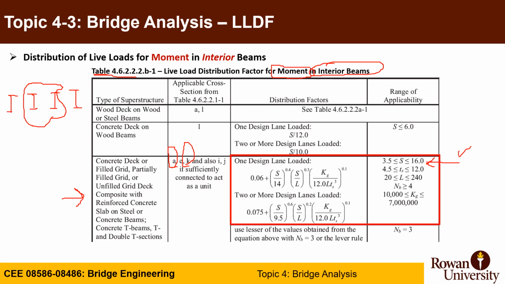Thickness of the bridge deck should be between 4.5 and 12 inches. The span length should be between 20 feet to 240 feet. You have to have 4 or more girders in your cross section, and Kg, the stiffness parameter that we calculated, has to be more than 10,000 and less than 7 million.